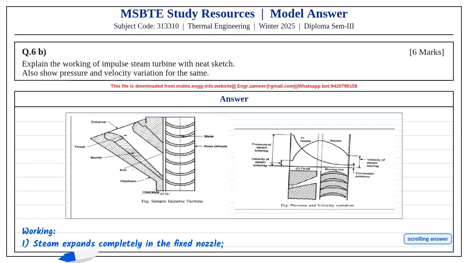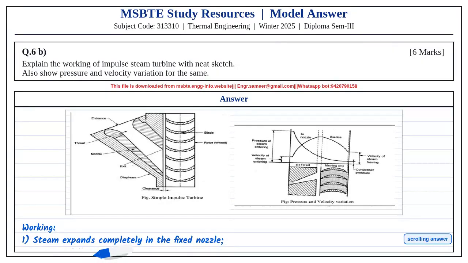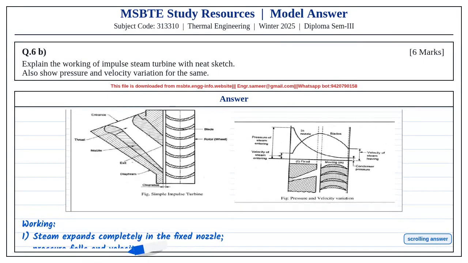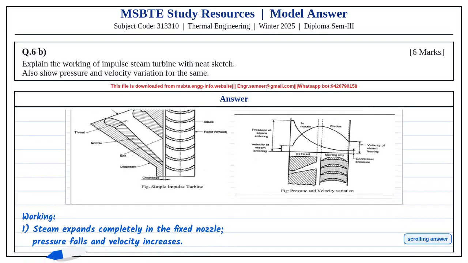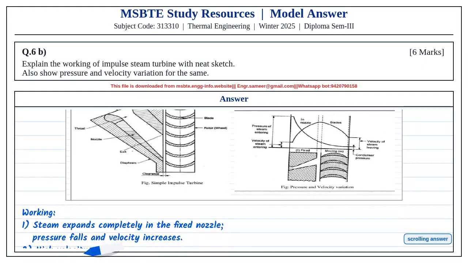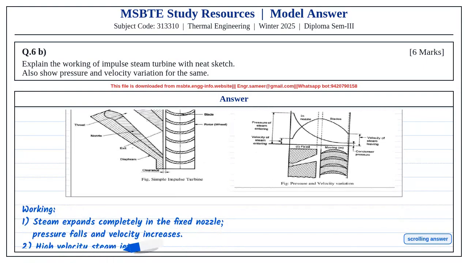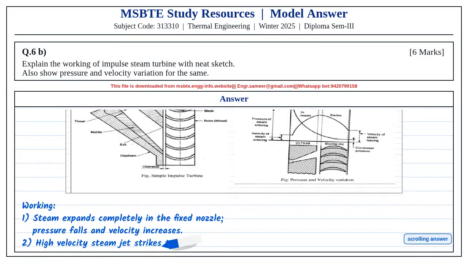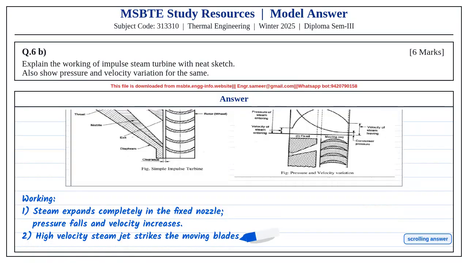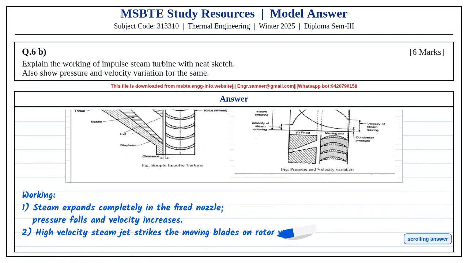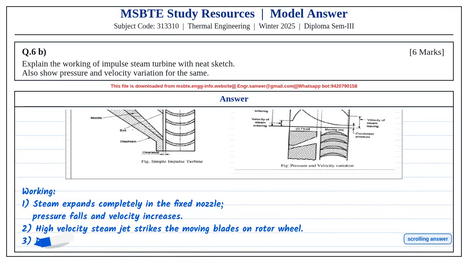Observe the nozzle, rotor blades, steam jet, diaphragm and casing. In the pressure velocity diagram, observe that pressure falls in the nozzle and velocity increases. In moving blades, pressure remains nearly constant and velocity decreases gradually.